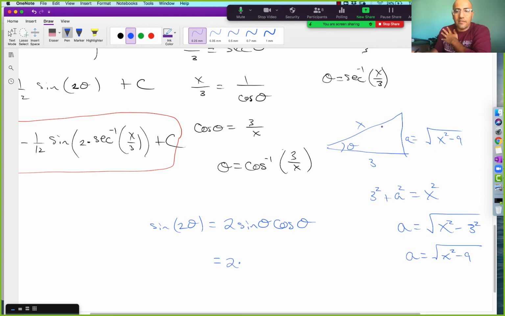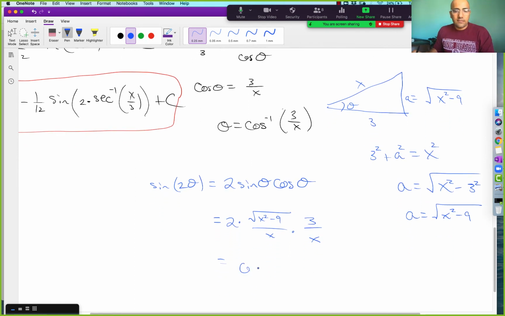Sine is opposite over hypotenuse, so that'll be square root of x squared minus 9 all over x times cosine of theta, which is 3 over x. Good. So this will be equal to 6 square root of x squared minus 9 all over x squared.